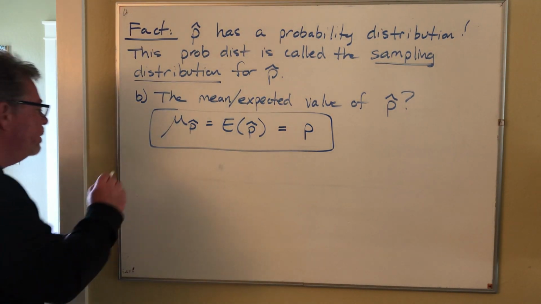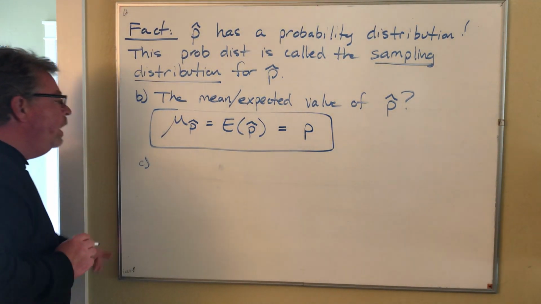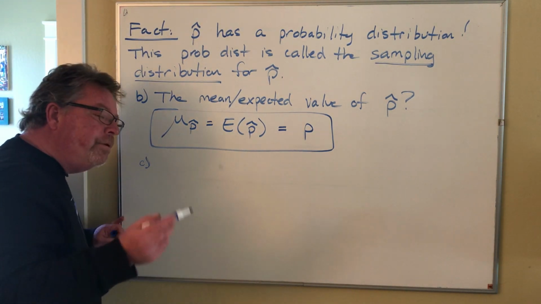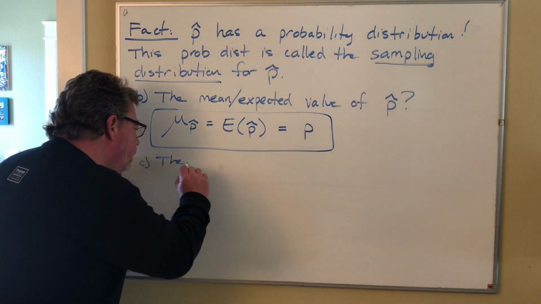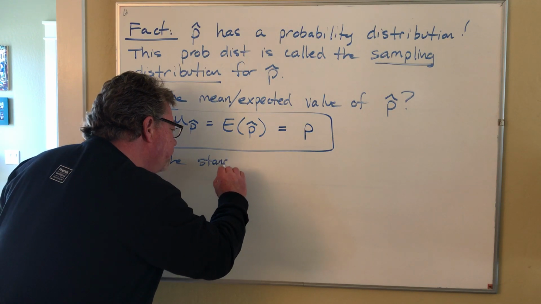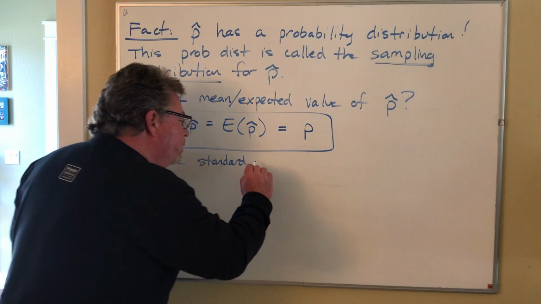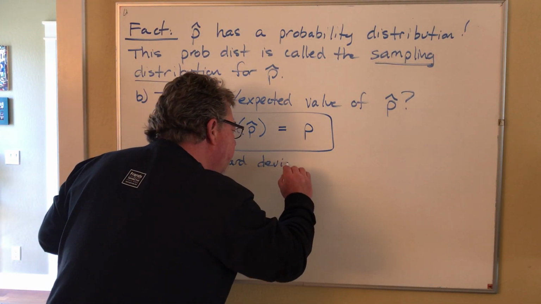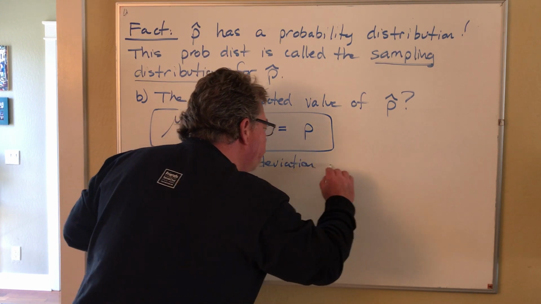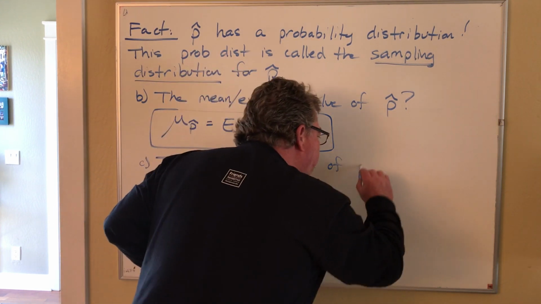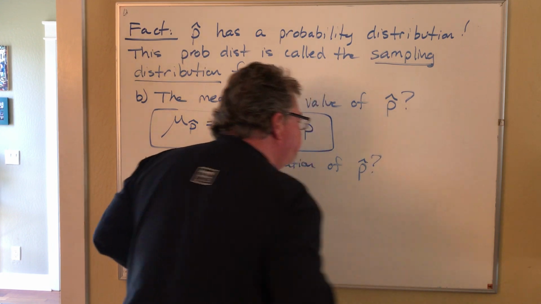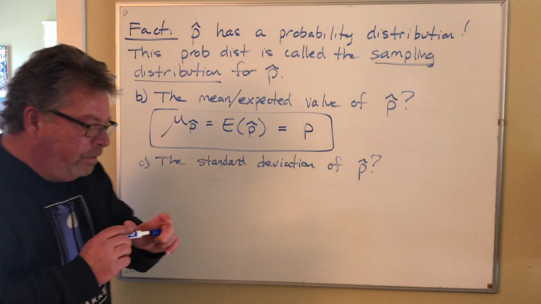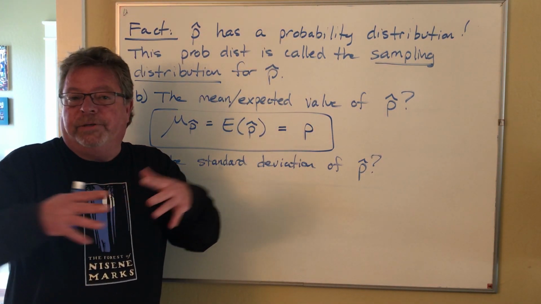All right, now here's the really cool part, is the idea of standard deviation. So the standard deviation of p hat. Now remember, the standard deviation always talks about spread.